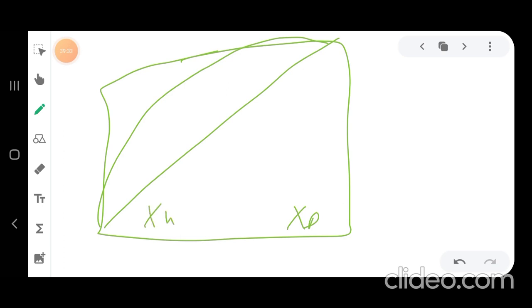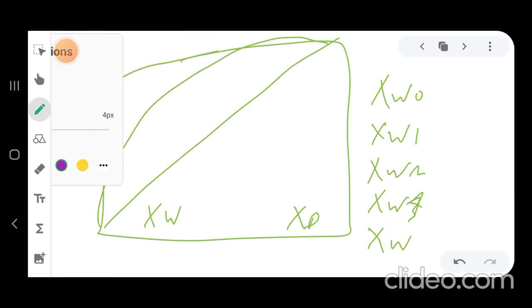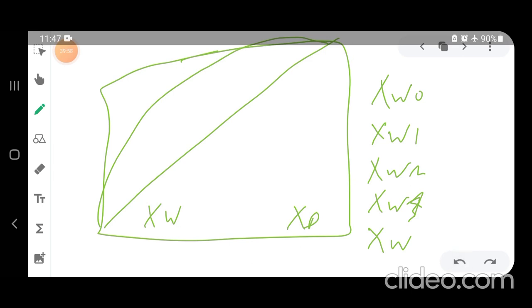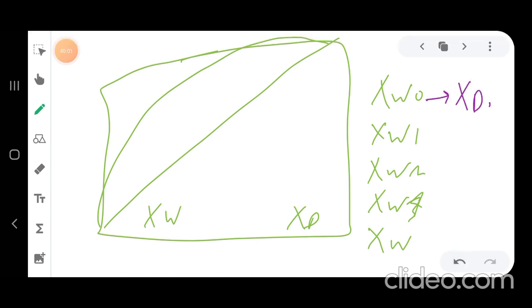So let's say you get, starting from xw naught from curve 1, then xw1 from curve 2, then xw2 from curve 3, xw3 from curve 4, all the way to xw, which is the final composition, and at each xw you get the corresponding xd naught, then xd1, then xd2, then xd3, then xd, the final composition.